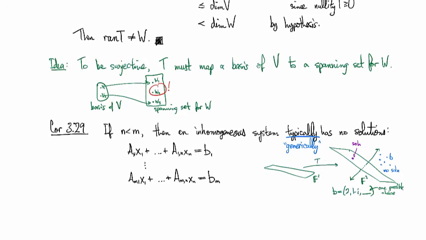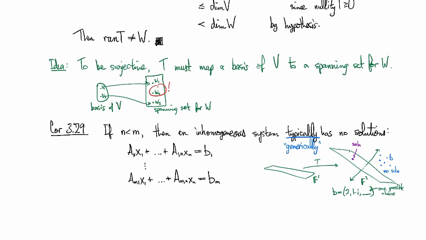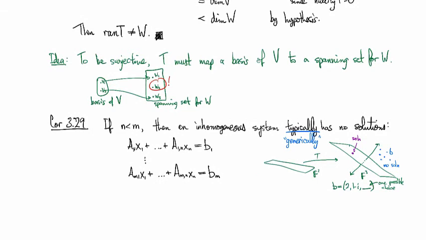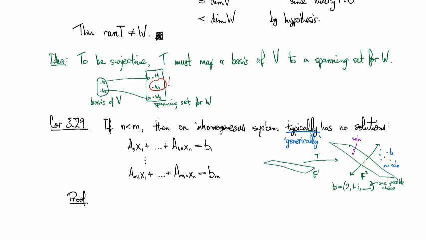If I choose anything else, the system will not be able to be solved. So in general, there's no solution. There's only going to be a solution if you make that very, very special, almost contrived choice. So that's what I mean by typically. It actually has a specific meaning. It means it occurs with probability 0.